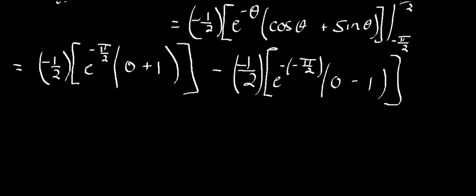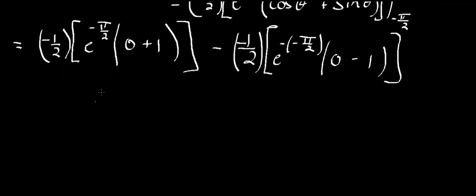So let's simplify this as much as we can. The first term is negative e to the minus pi over 2, because you'll end up getting 0 plus 1 is 1, times e to the negative pi over 2, times negative 1/2 is this.